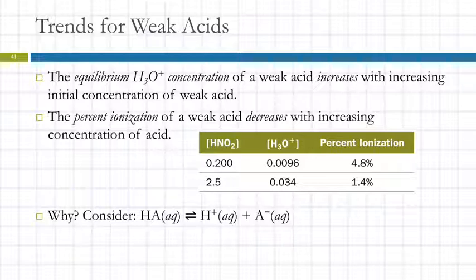What doesn't really make sense is that the percent ionization of the weak acid decreases as you increase the concentration of the acid. We have an example here for nitrous acid at 0.2 molar. It's 4.8% ionized. At 2.5 molar, it's only 1.4% ionized.